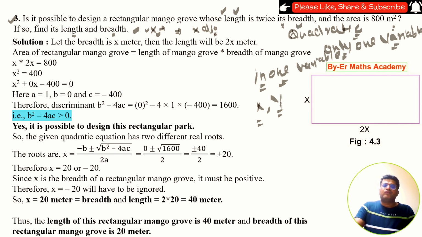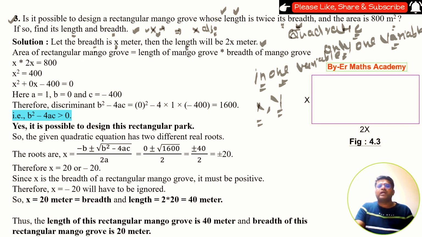First of all we let the breadth be x meter. Then according to this statement, the length will be 2x meter. First we suppose one value, and with the help of the given statement we write the other unknown value.